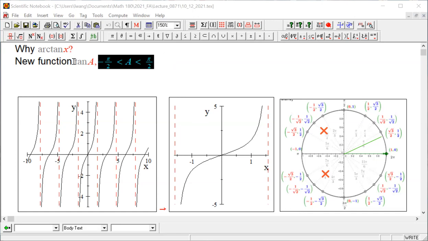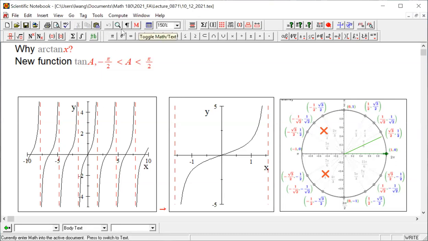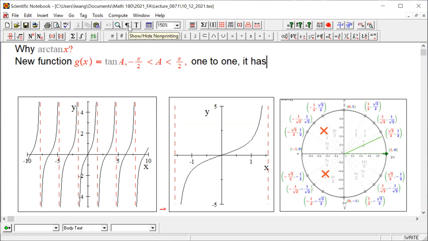So if I call this function g, it's one to one, it has an inverse.